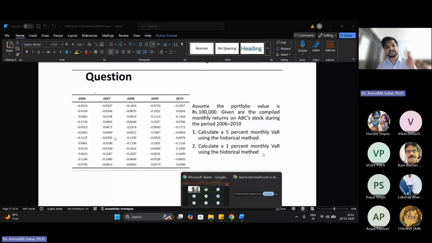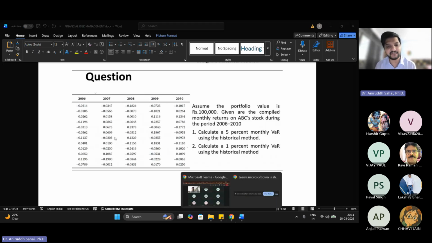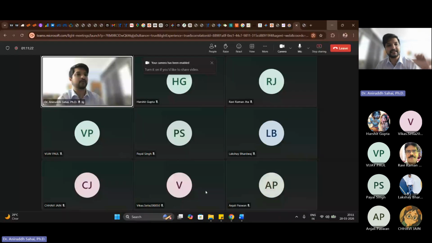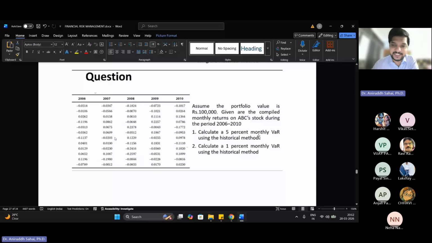A first step here would be to arrange all of these returns from low to high. हमने सारे 60 ऑब्जर्वेशंस को हम लो टू हाई अरेंज कर देंगे. सारे करने की जरूरत भी नहीं है, बल्कि अगर हमें पता हो कि कौन सी ऑब्जर्वेशन देखनी है, based on this 5 and 1% VAR, we can only do till that, we can only arrange till those number of observations. So tell me, how many observations will you consider in the 5% VAR and the 1% VAR?